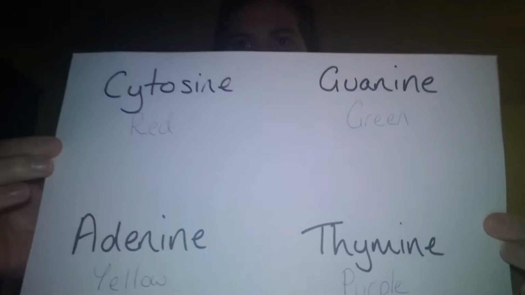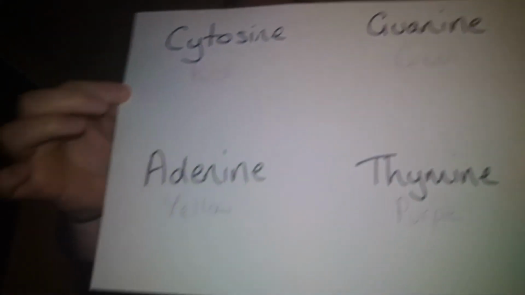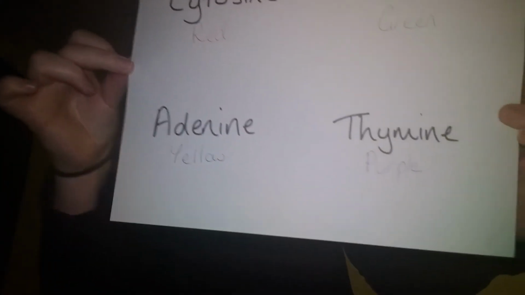And I'm going to colour code mine, so I have cytosine in red, guanine in green, adenine in yellow, and thymine in purple. So in other words, red will always pair with green, because cytosine always pairs with guanine, and yellow always pairs with purple, because adenine always pairs with thymine.